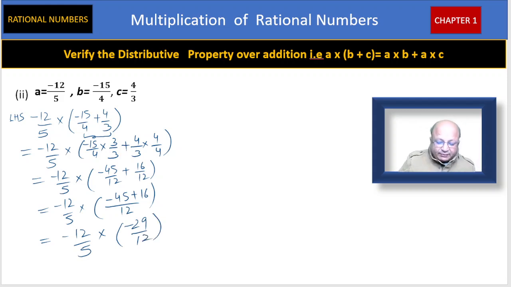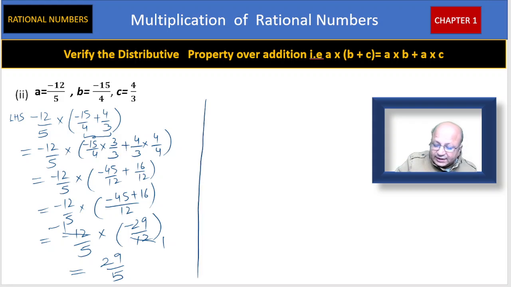So the common factor between minus 12 and 12 is 12. So 12 divided by 12 is 1 and minus 12 divided by 12 is minus 1. So minus 1 into minus 29 is 29 upon 5 into 1 is 5. So 29 upon 5 is LHS.